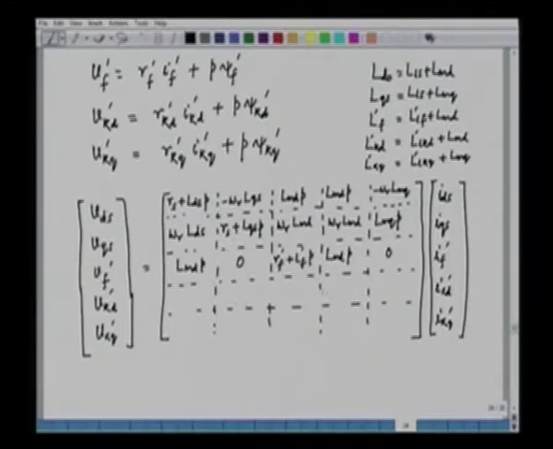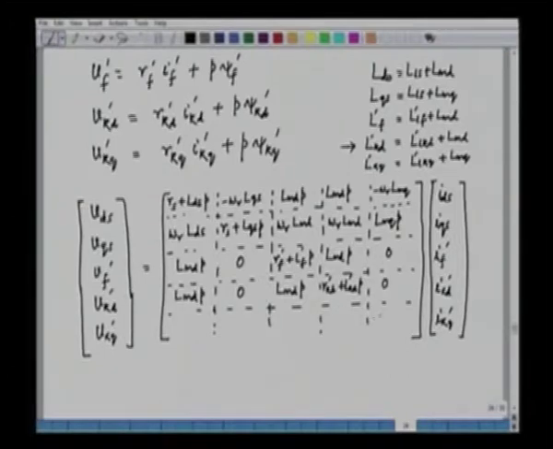Similarly, in the D axis damper, we have RKD prime plus LKD prime P. LKD is the D axis damper inductance, and similarly, we can have the coupling of this with the field winding and also with the stator D axis, and there is no rotationally induced EMF. So, we can put this equal to 0.